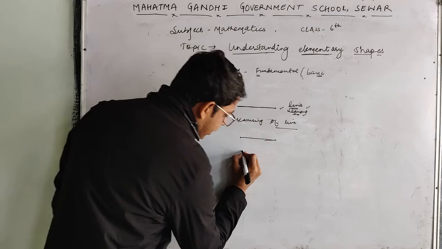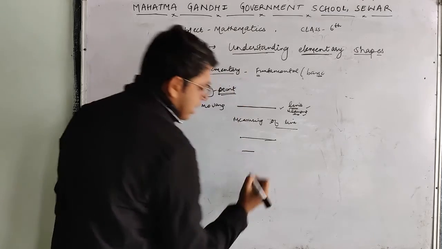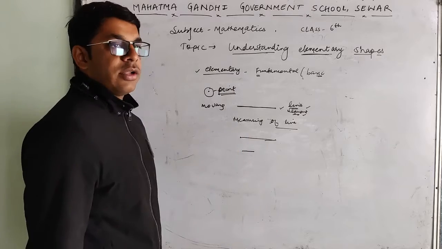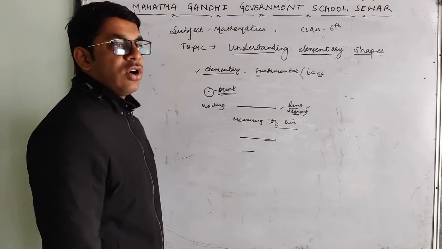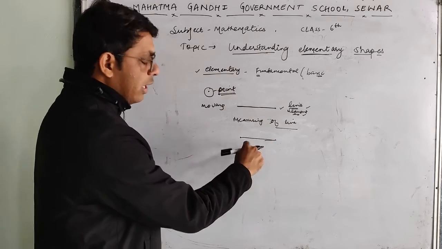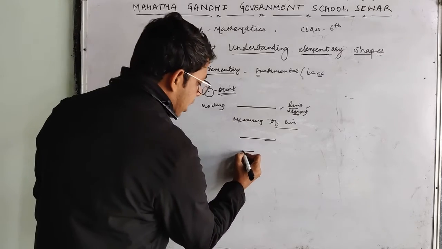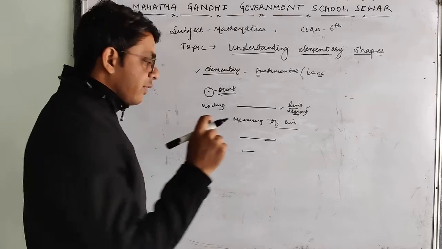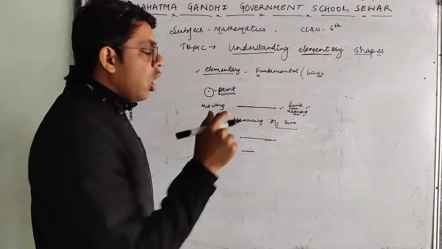If I draw another line and I ask you which line is smaller, this difference is observable here.